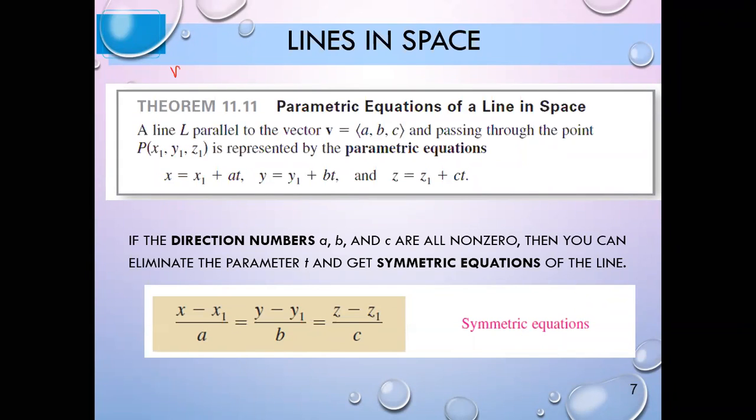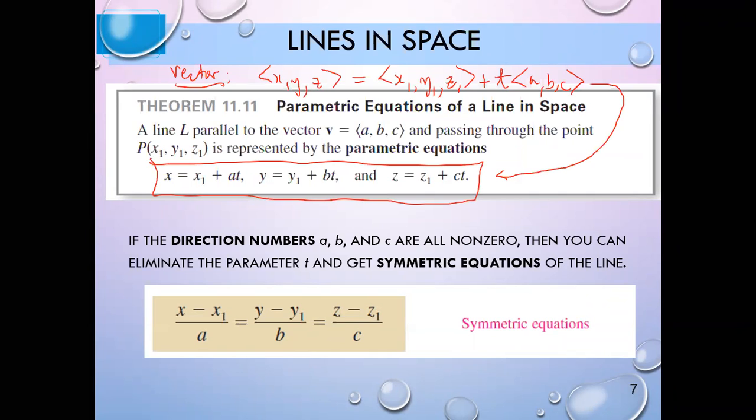We also had the so-called vector equations of a line, which were written this way: X, Y, Z is equal to X1, Y1, Z1, thought of as a vector, plus any multiple of the direction vector ABC, yeah? And then from that, we got the so-called parametric equations by equating X, Y, and Z coordinates from the vector equation, yes?